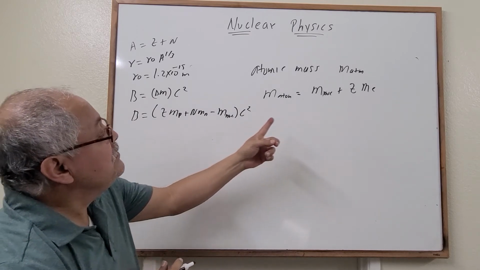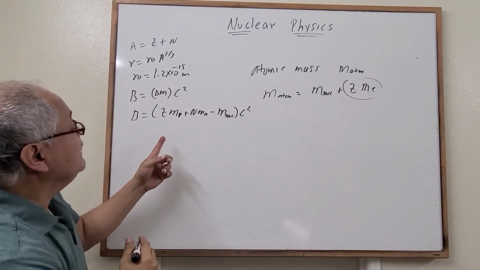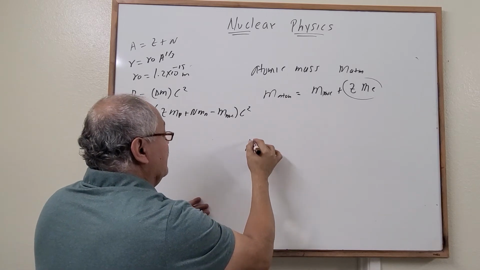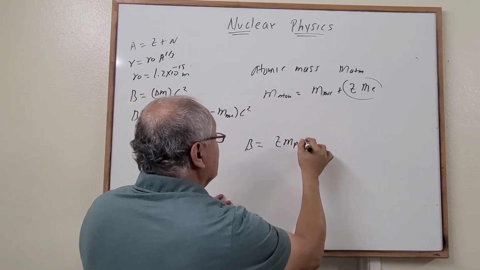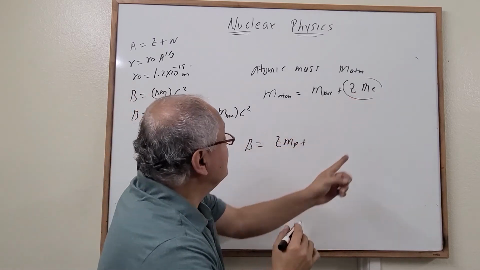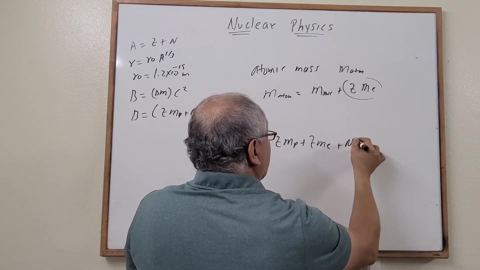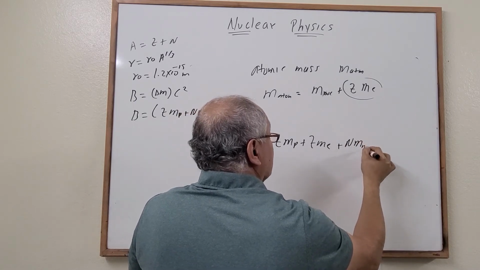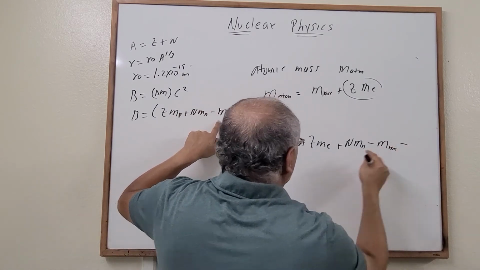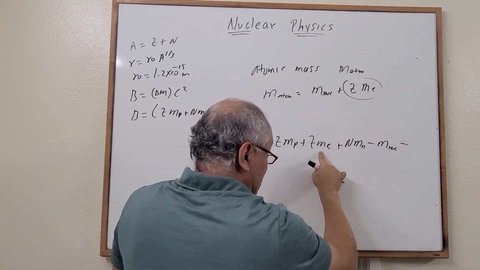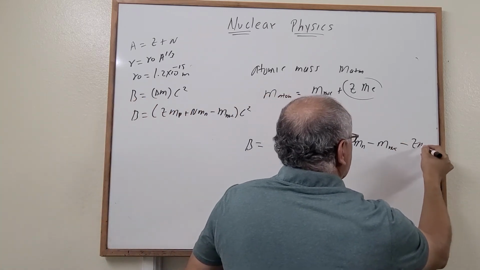Now let's involve this quantity, and we add and subtract it. So B is equal to Z mass of the proton plus, now let's add, Z mass of the electron, plus N mass of the neutron, minus the mass of the nucleus, minus, because we added this quantity, we have to subtract it to keep the same quantity as before. Perfect. Minus Z m_e times c squared.